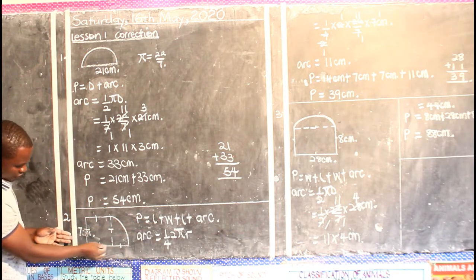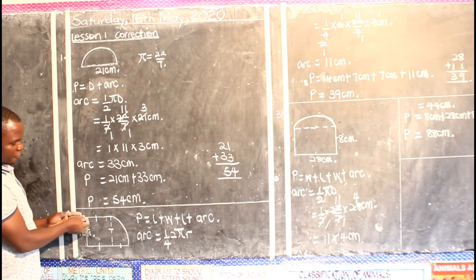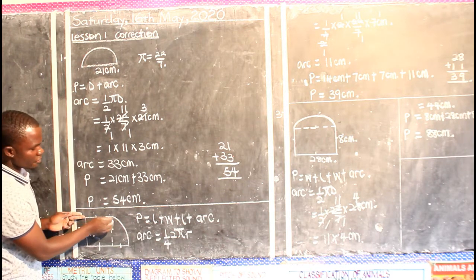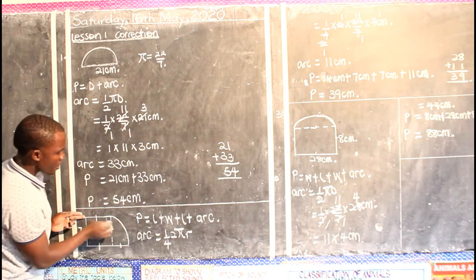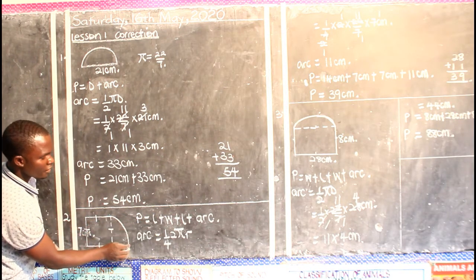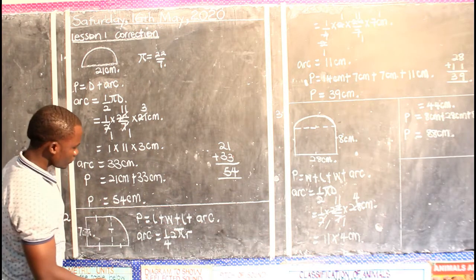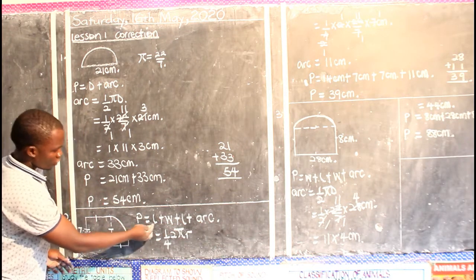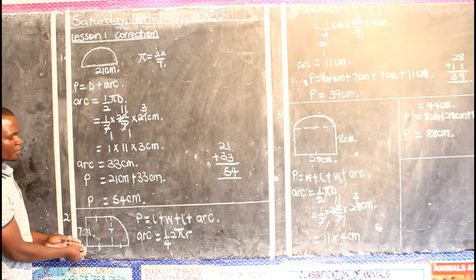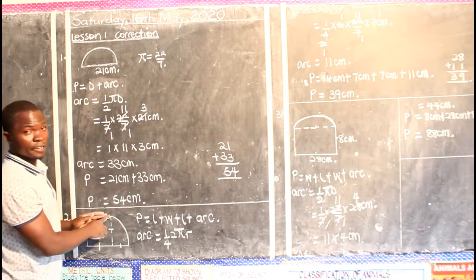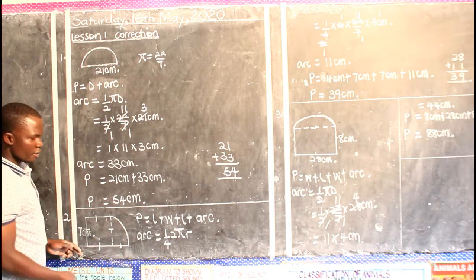The length is here, plus the width, this one here, plus again the length from here up to here, plus the arc, which is this one. Remember, we have this length, this width, this length, and this arc.